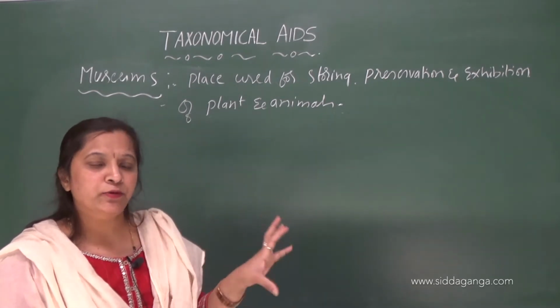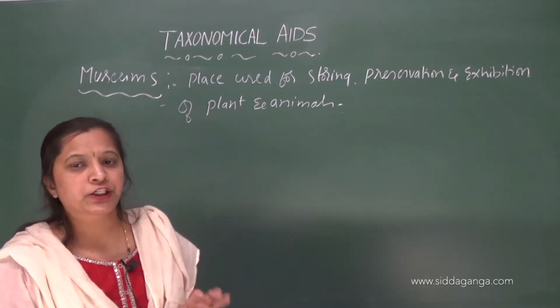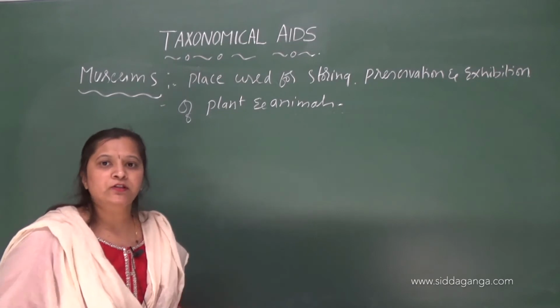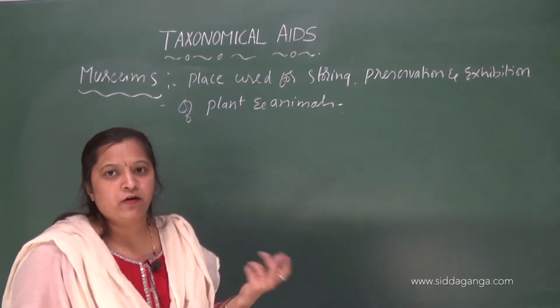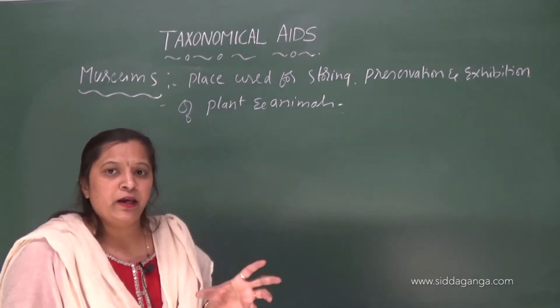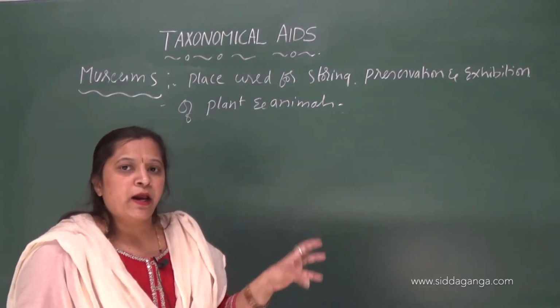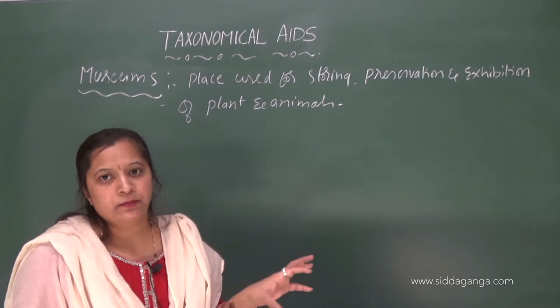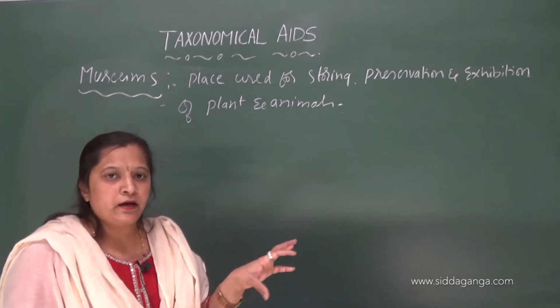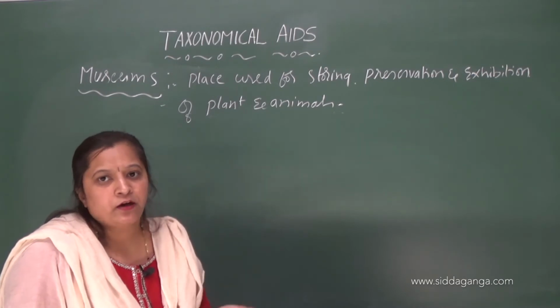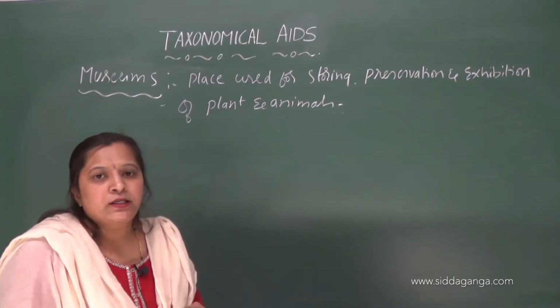Usually these museums are set up in educational institutions. You might have seen in your schools that schools and colleges have museums, where some important plant and animal specimens are kept for study. Universities also maintain museums in botany and zoology departments.